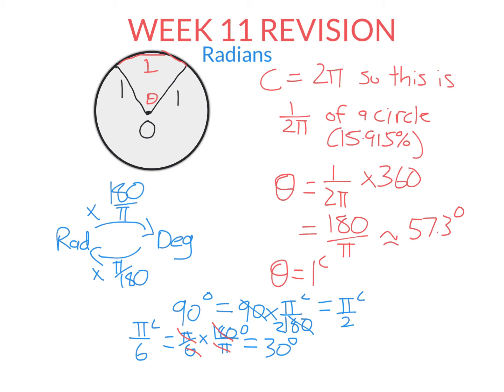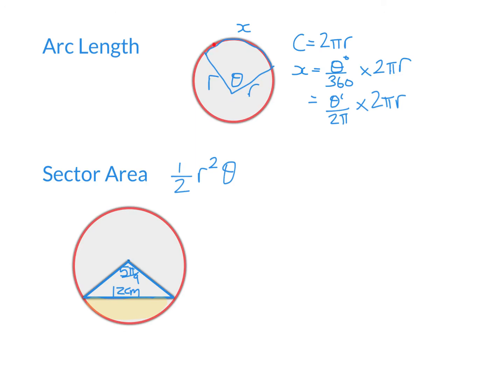Now let's look at arc length and sector area. So let's say I want to find this arc length here. X is the arc length, R is the radius. So I know the full circumference of the circle is 2 pi r. So the way that we're used to finding arc length is we take the full circumference and multiply by the fraction of the circle that we have.